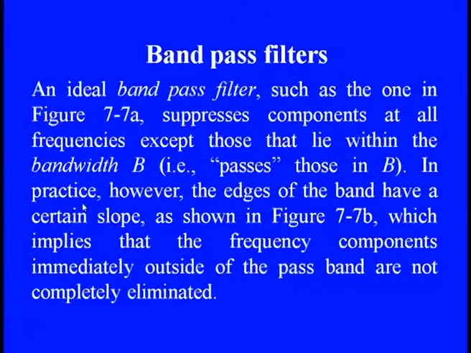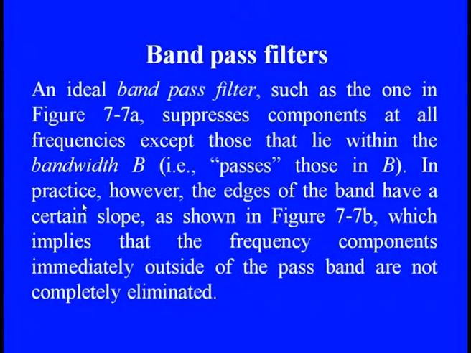The third one is the band pass filter. The ideal band pass filter, which I am going to show you, suppresses the components at all frequencies except those lying within its bandwidth. So, we need to define the bandwidth, the width through which the frequencies are passed by these filters.